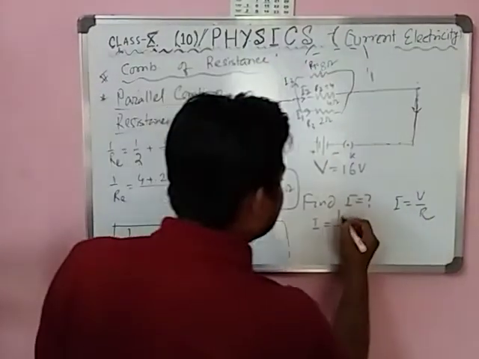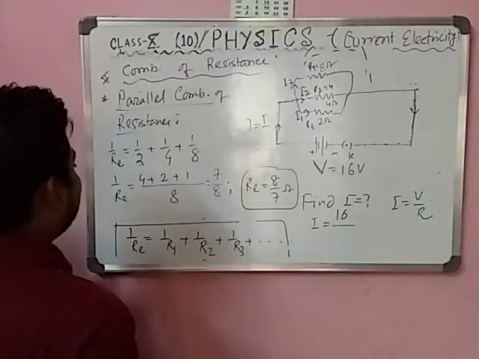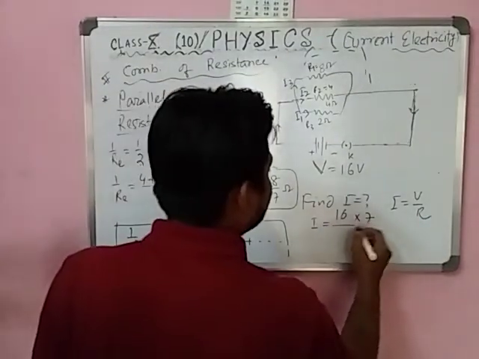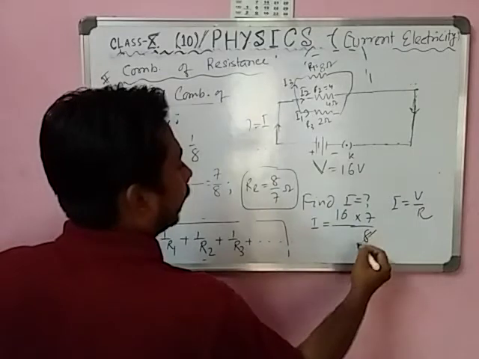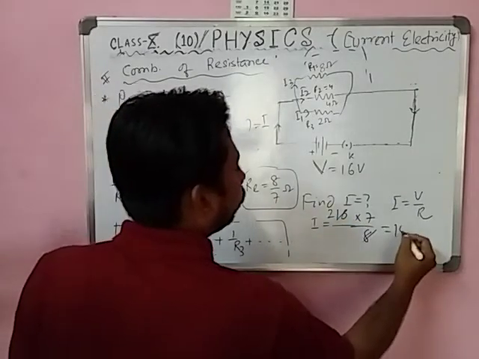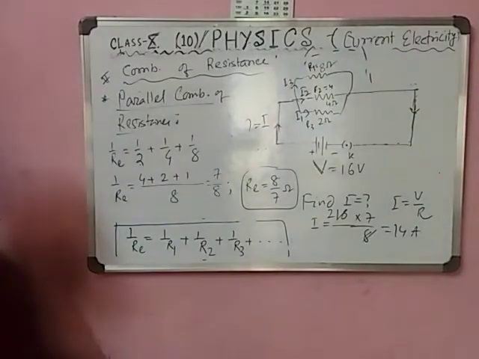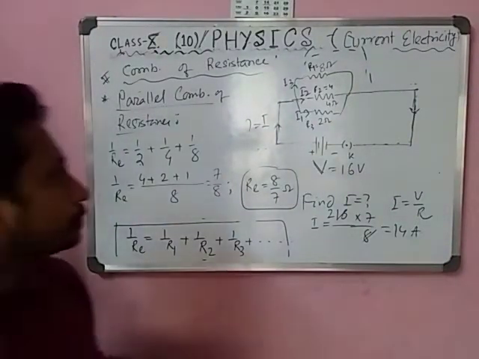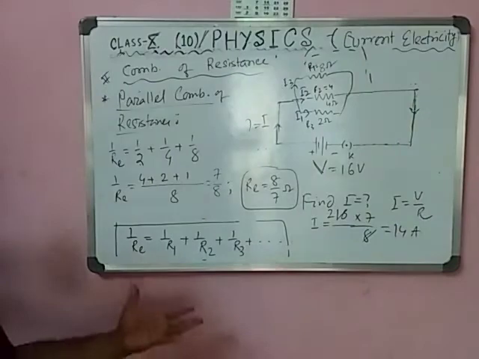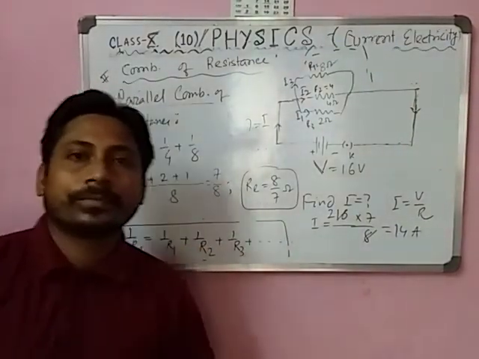So you can write 16 divided by R, and 1 by R means 7 by 8. So 8 2s are 16, 2 7s are 14 ampere. So the current is 14 ampere. So students, you can find out the current and also the effective resistance.